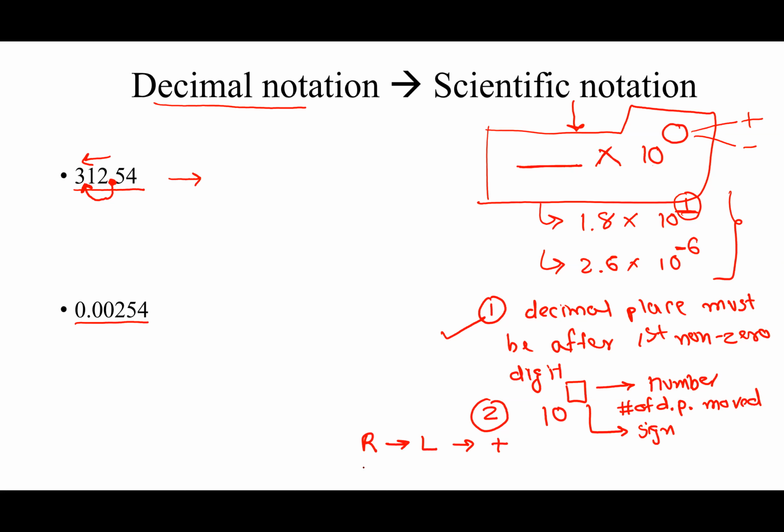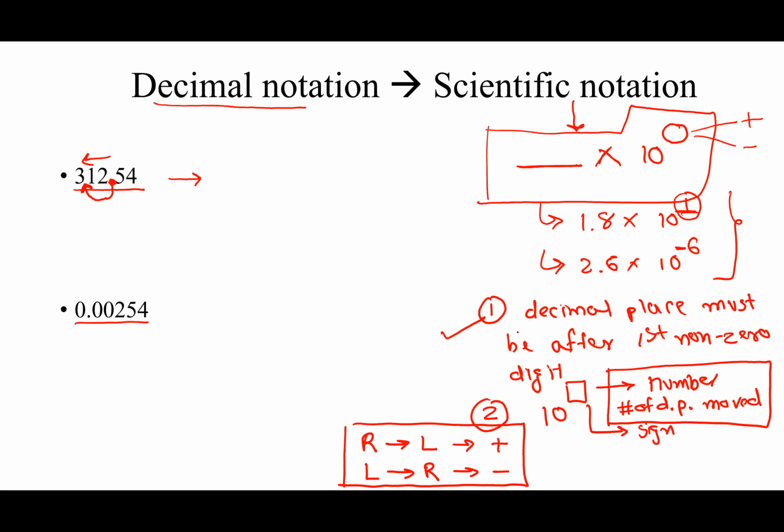If you're doing the opposite, if you're moving your decimal place from left to the right, then the sign should be negative. So as long as you remember this point, you should be able to answer this question very, very easily. Everybody follow this?